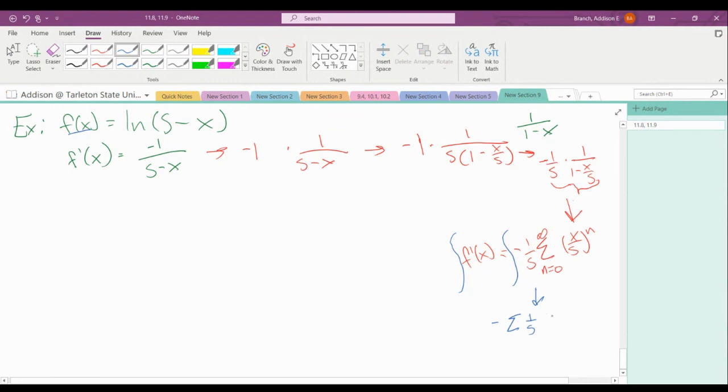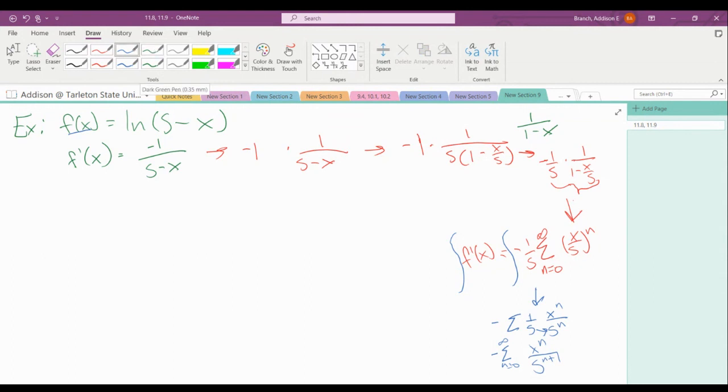Times, and then we're going to split up that x over 5 to give us x to the n over 5 to the n. We can move this 5 over here and say that we have negative x to the n over 5 to the n plus 1.